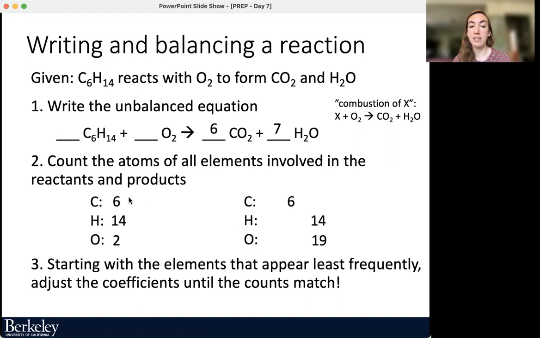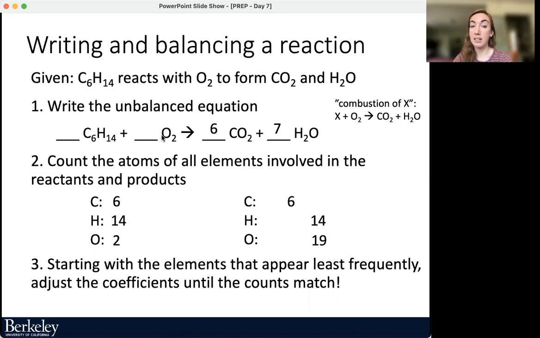So now I have 6 carbons on both sides. I have 14 hydrogens on both sides. And so now only my oxygen is unbalanced. If I change either of these coefficients, I'm going to screw up the carbon and hydrogen balance, because I can't change the number of oxygens on this side without also changing the number of carbons and hydrogens.